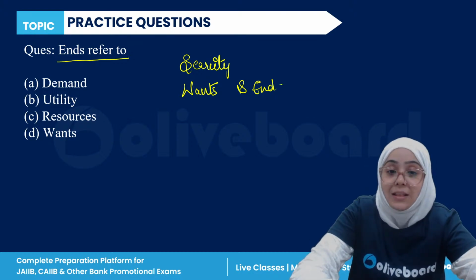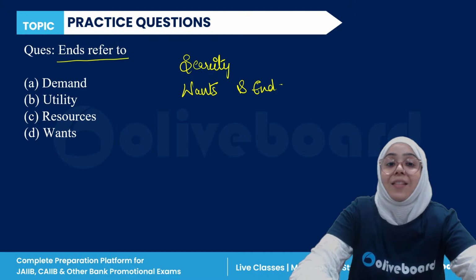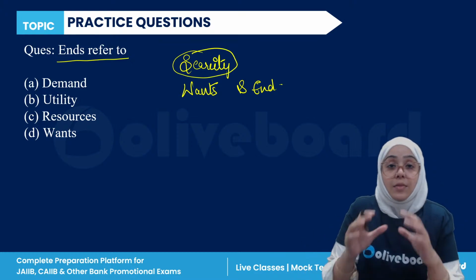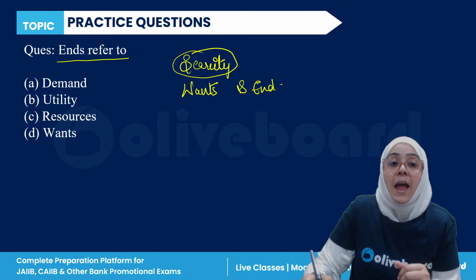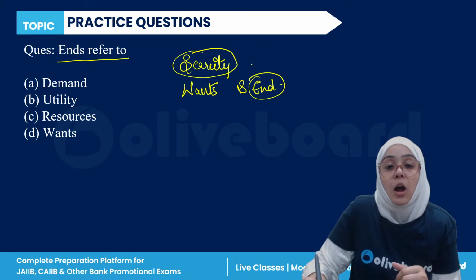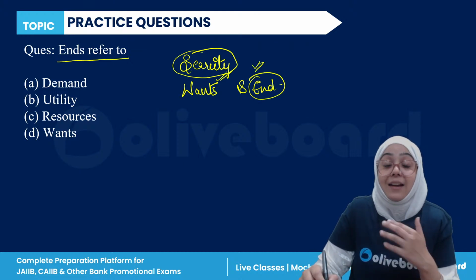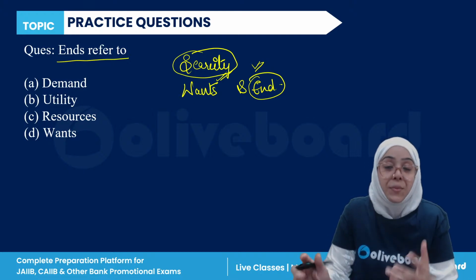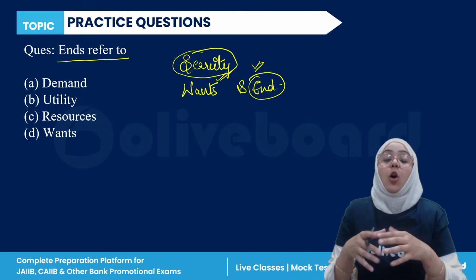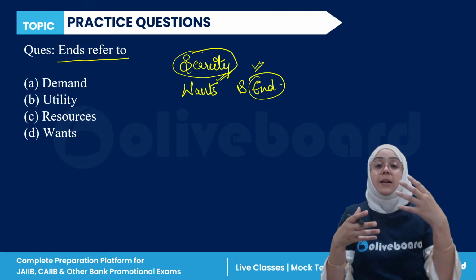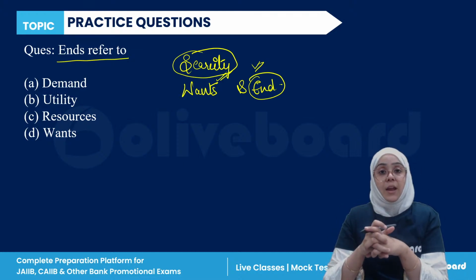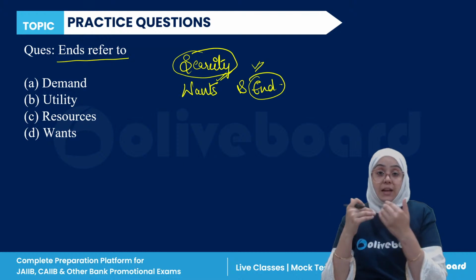It is actually the study of the scarcity, or the limited resources, and what you have, the ends. Ends means what? Your needs and wants. So when we are talking about economics, economics means dividing or allocating the limited resources of an economy in such a way that it can fulfill our needs and wants.